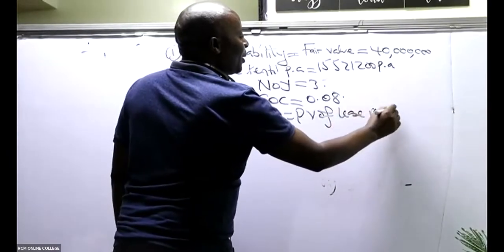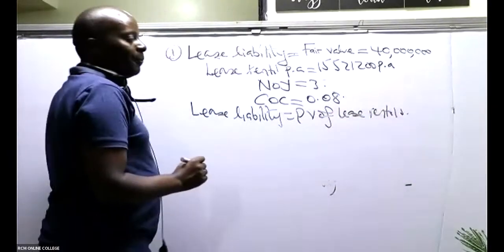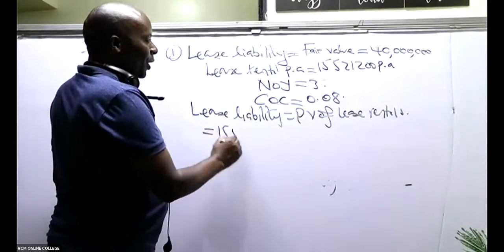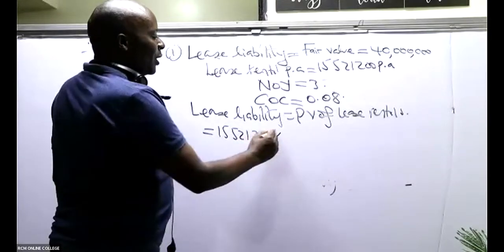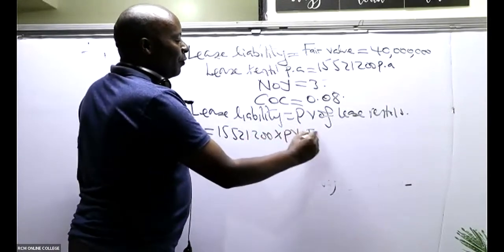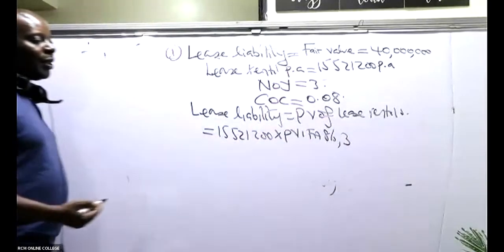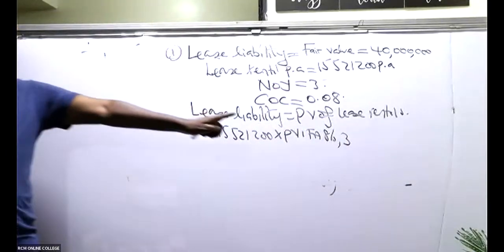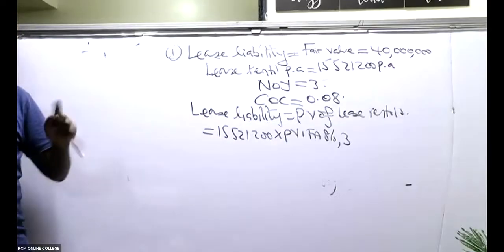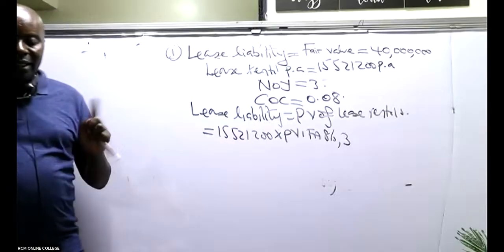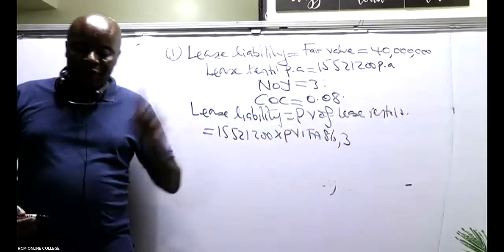So in that case, this would have been 15,521,200 times the PV annuity factor at 8% for 3 years. I will not add 1 plus R there because this one is not being paid up front. It is only the one that is being paid up front that we normally add the 1 plus R. This one we shall leave it like that.